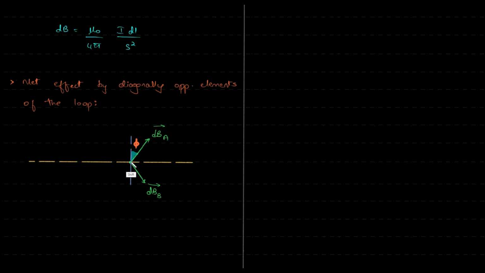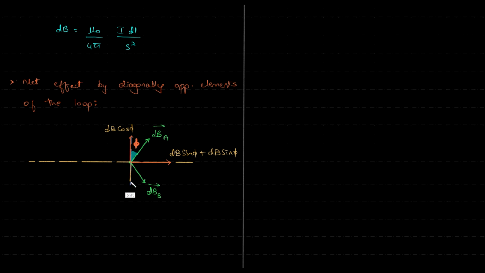So when we talk about this length and the set of lengths, this will be dB cos phi and this will be dB sin phi, but they will add up. So this will be dB sin phi plus dB sin phi. So this will be 2 times of it.